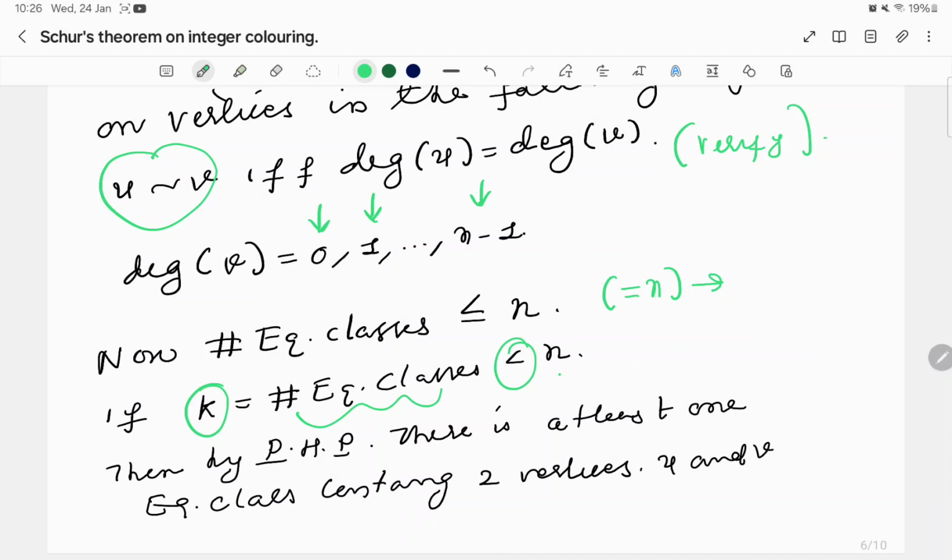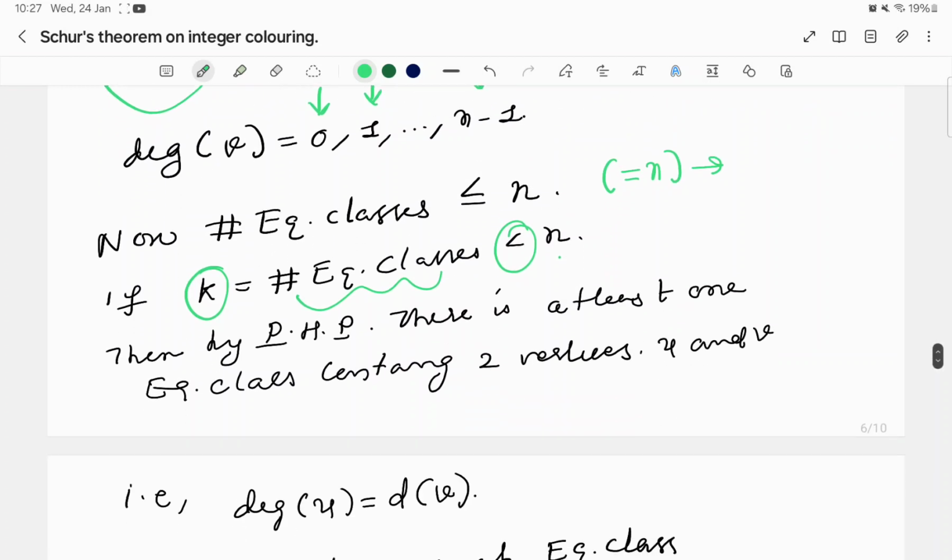Then by the pigeonhole principle, the pigeons are the vertices and the holes are the equivalence classes. When these pigeons are put in, since k is less than n, there is at least one equivalence class that contains two or more elements. Suppose we have such an equivalence class. What is the meaning of that?